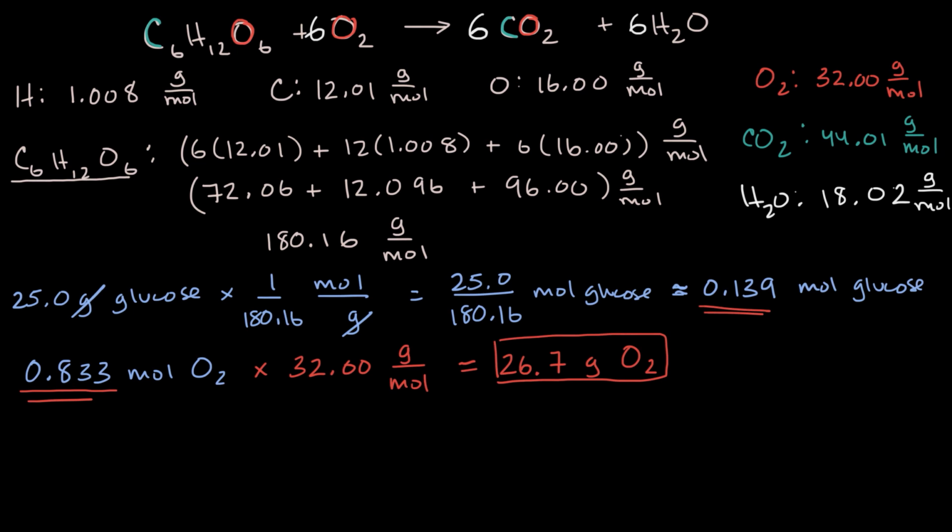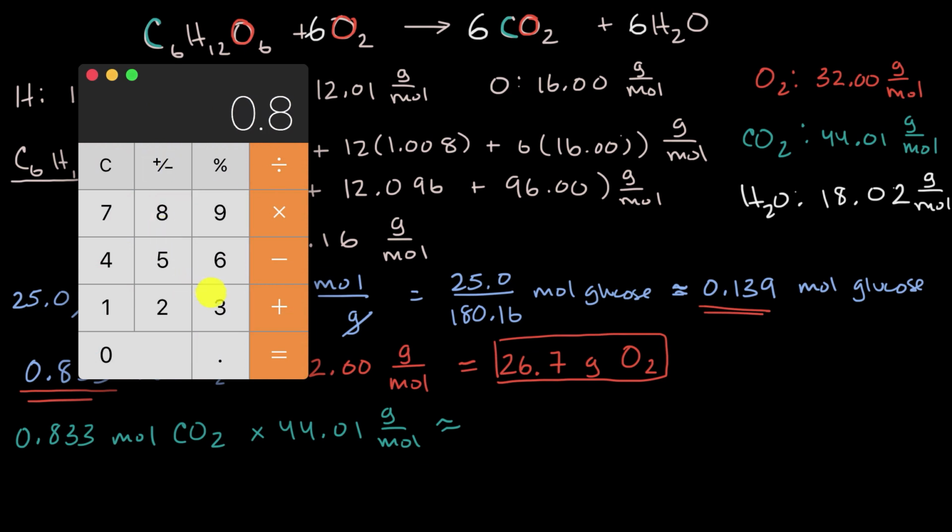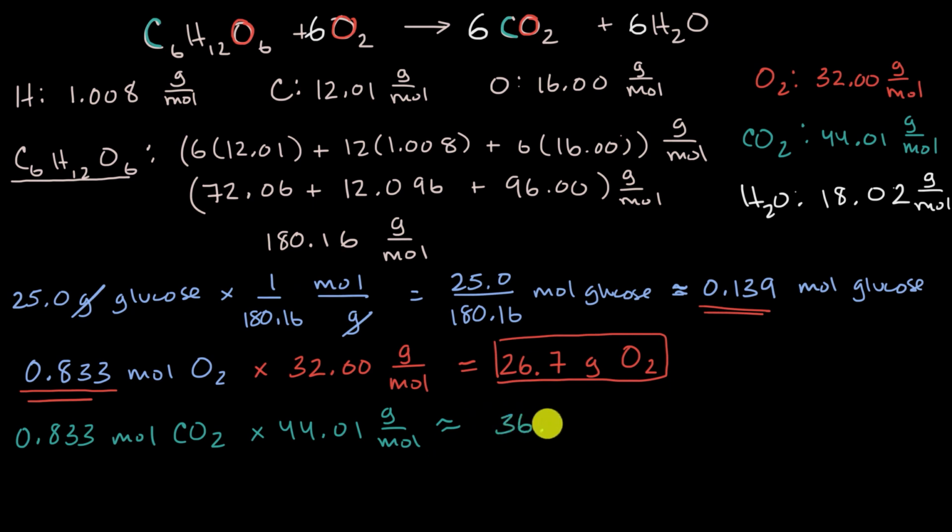So if we take our original 0.833 mole of carbon dioxide, and I multiply that times carbon dioxide's molar mass, 44.01 grams per mole, this is going to be approximately equal to 36.7 grams of carbon dioxide.